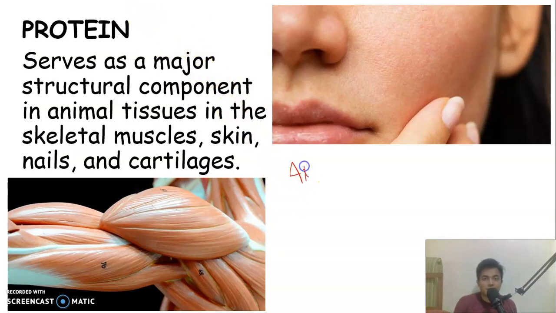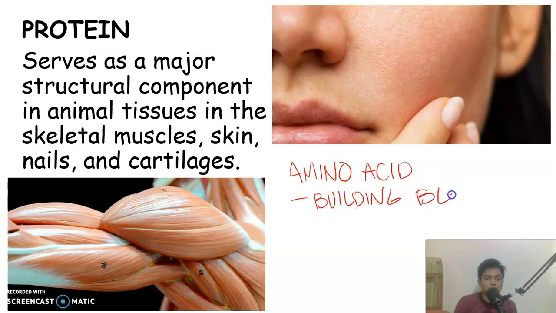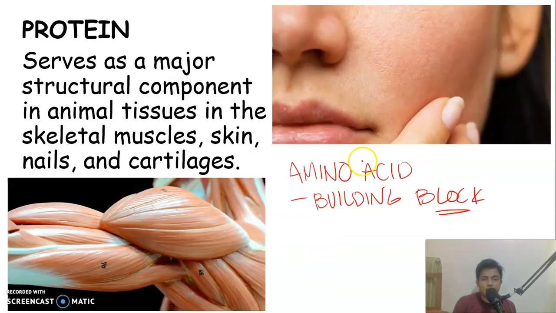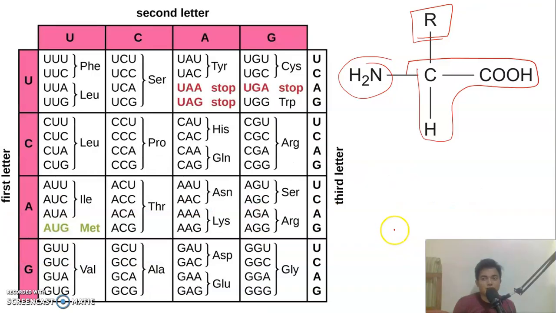Amino acid is the building block of protein. Without amino acid, no protein. These are the different types of amino acid. We've discussed that we have a starting codon and a stop codon.